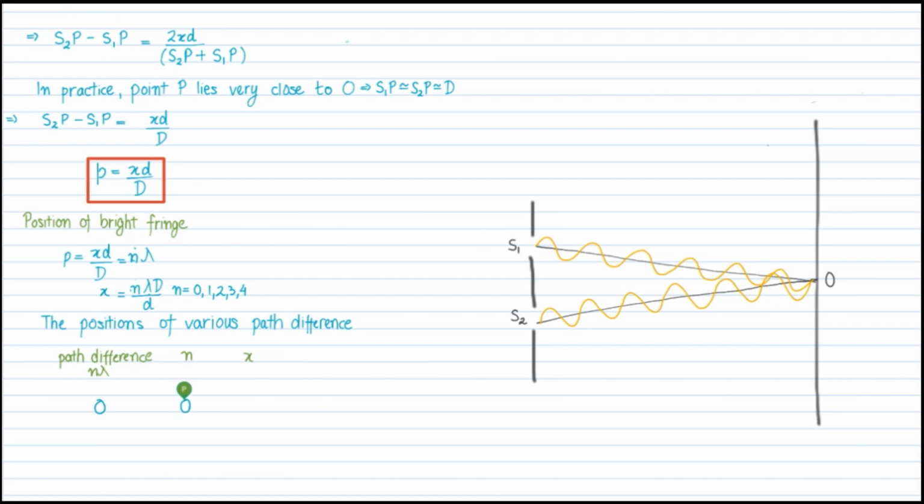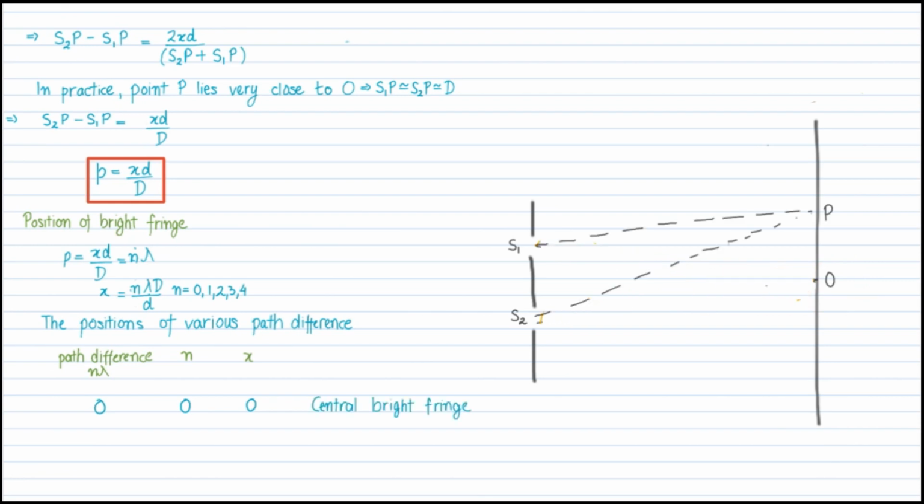If n is 0, what is the position x? This is at the center, and x is measured from the center. So x should also be 0. So this is your first bright fringe. Since this bright fringe is at the center, I will write this one as the central bright fringe.